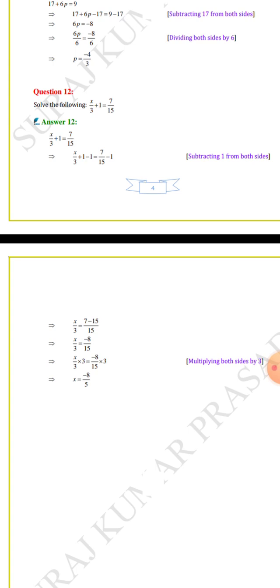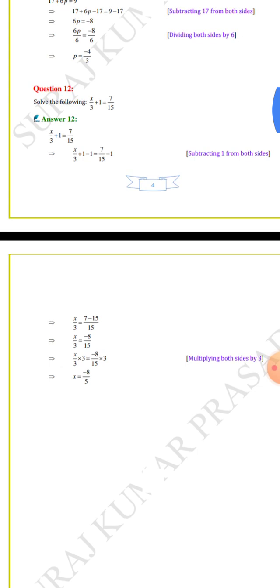In the RHS, we have taken the LCM of 7 by 15 minus 1. We have got 7 minus 15 by 15. Then x by 3 is equal to minus 8 by 15. Multiplying 3 on both the sides, we get x by 3 into 3 is equal to minus 8 by 15 into 3.